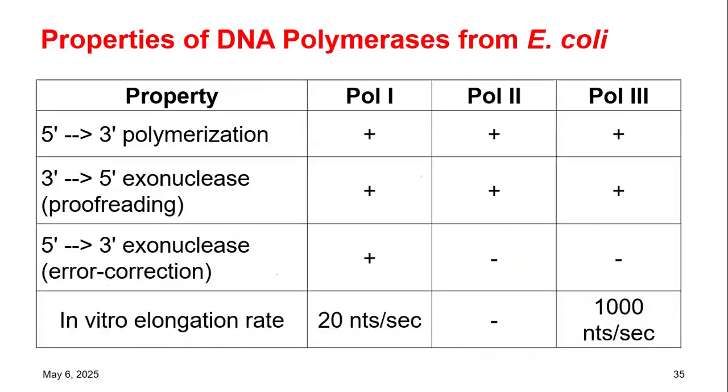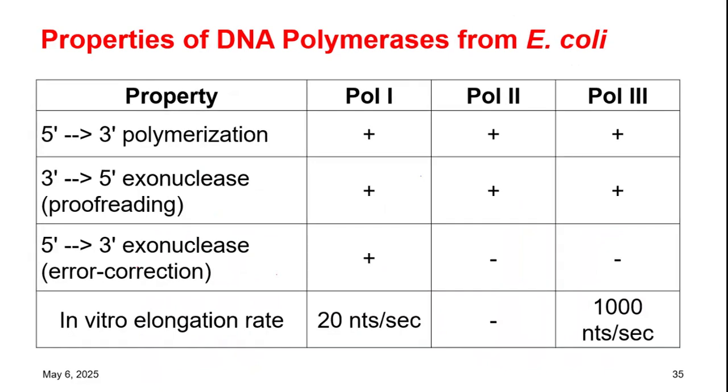So what are the properties of DNA polymerases from E. coli? Recall the fact that we say 5 to 3 prime polymerization and then proofreading in order to correct errors. We have the 3 prime to 5 prime exonuclease, and then also 5 to 3 prime exonuclease for error correction.